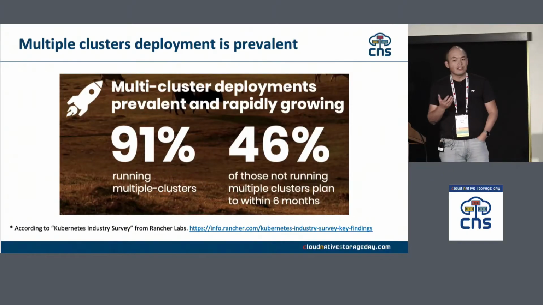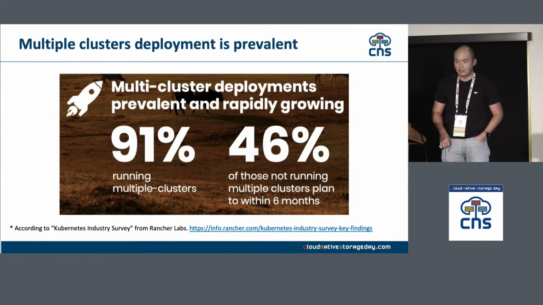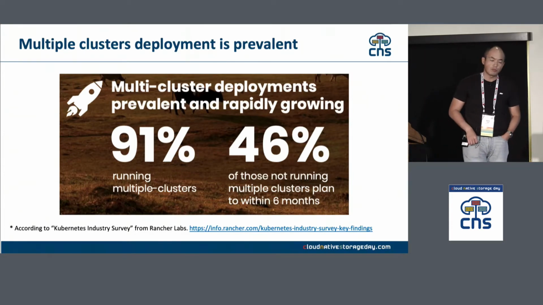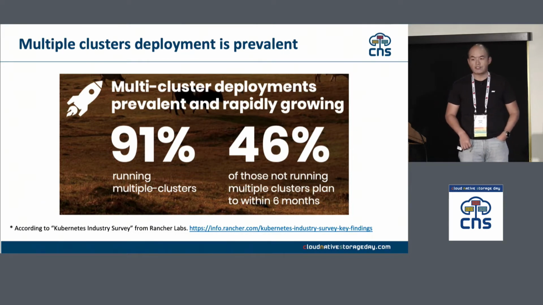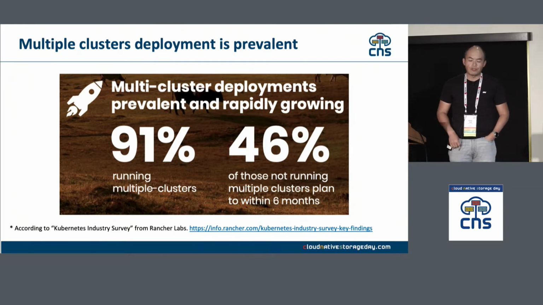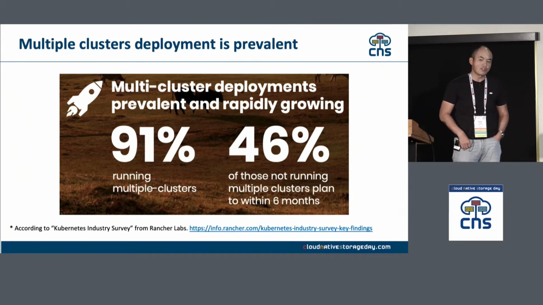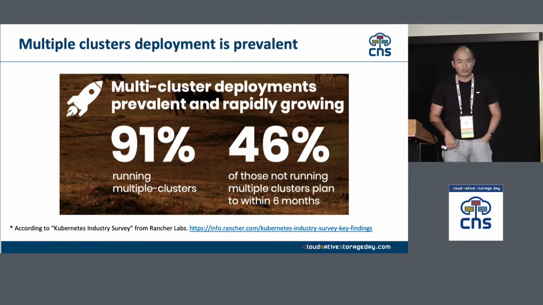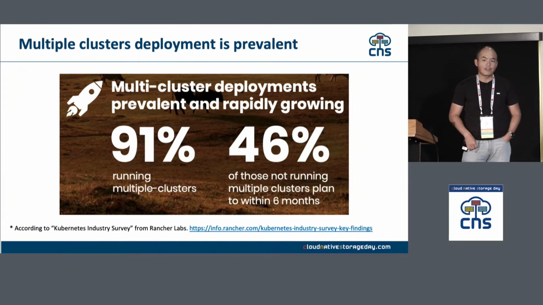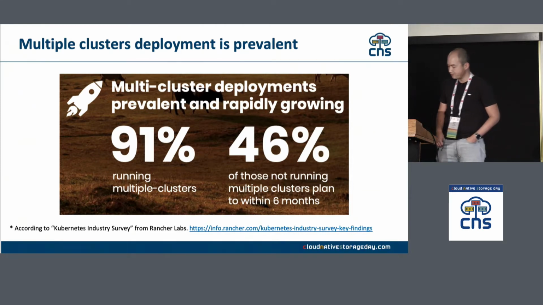But in fact, even for the remaining 9% of users, 46% of them are planning to run multi-cluster in the next 6 months. It's a really encouraging trend: rather than have a very huge flat Kubernetes cluster with thousands of nodes, it makes more sense to divide them into multiple clusters and have them function as different functionalities and provide their contribution to a service.